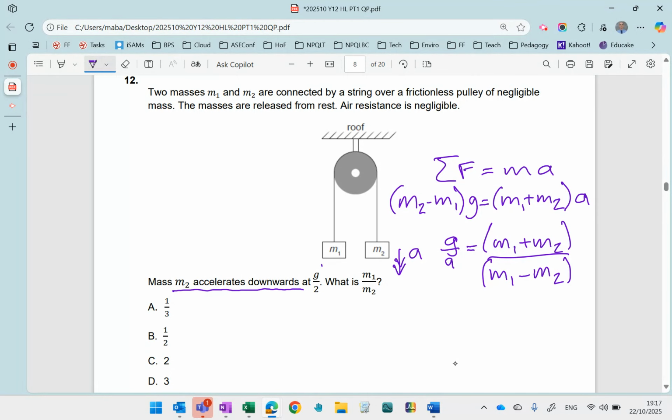But we also know that it accelerates downwards at g over 2, right? So then we can substitute that in. Now we've got g divided by g over 2, so the g's cancel, and that's 1 over 1 over 2. So that's just equal to 2.